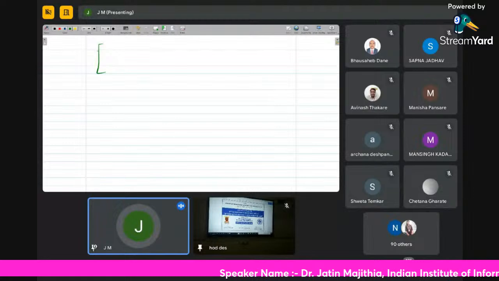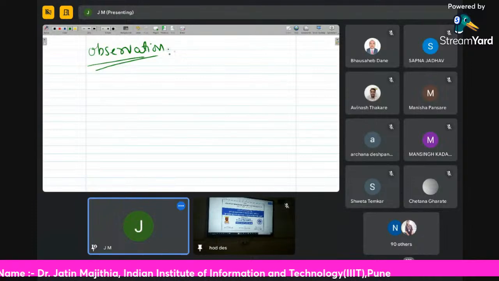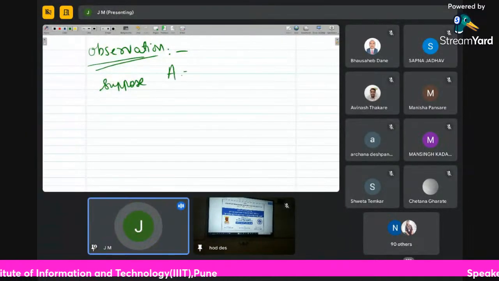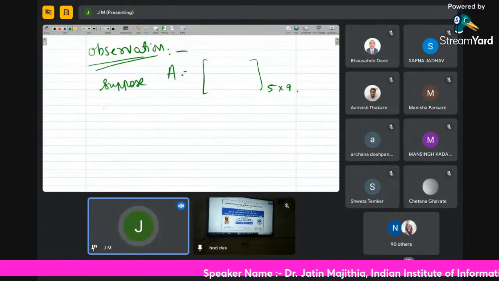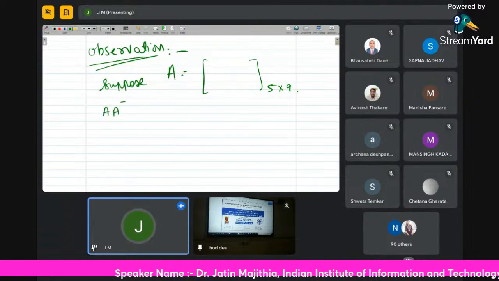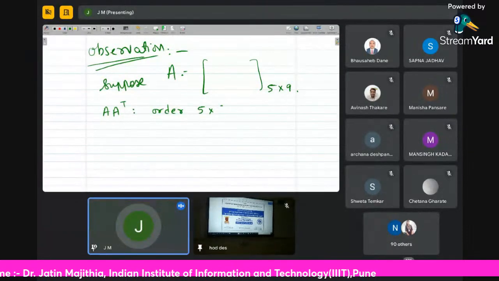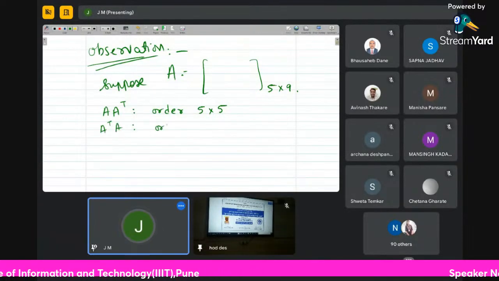Now one observation. Suppose your A is a matrix of order, say 5 cross 9. Okay, your A transpose will be the matrix of order 5 by 5, and your A transpose A will be the matrix of order 9 by 9.